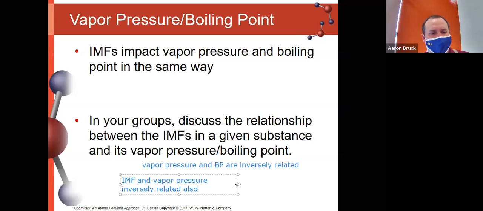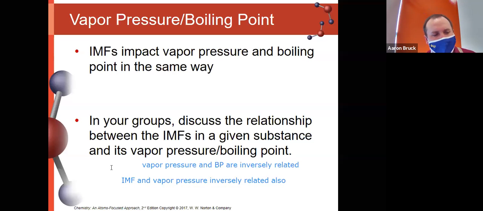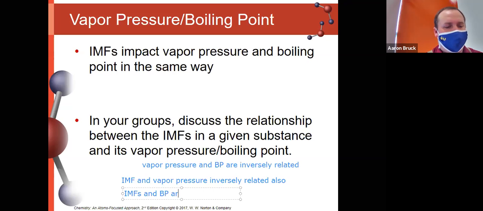That's true as well. Intermolecular forces and vapor pressure are also inversely related, which sets us up with a weird double negative. Intermolecular forces are inversely related to vapor pressure, which is inversely related to boiling point. Well, two negatives in this case make a positive, which means that the third statement we could say is that intermolecular forces and boiling point are directly related.